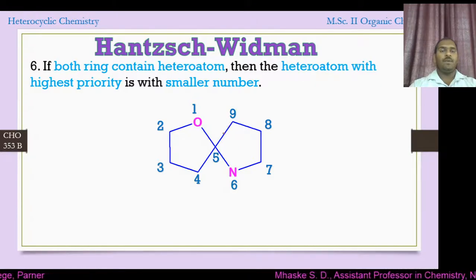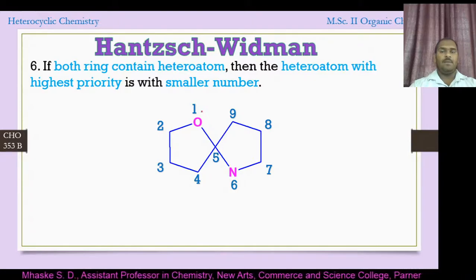If we do not follow this, we might give the first number to the nitrogen, which will cause confusion. So we have to remember that the atom with highest priority gets the first number, and numbering continues in such a manner that the smallest numbers are assigned to the heteroatoms.